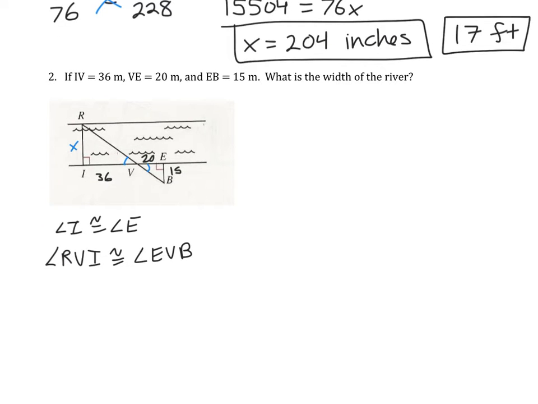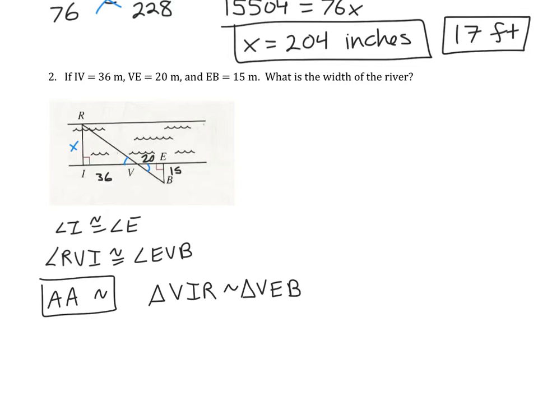And so since we know that two of the angles are congruent, we can use angle-angle similarity. So for this, it may help for us to actually make a similarity statement. So we could say triangle VIR is similar to triangle VEB.